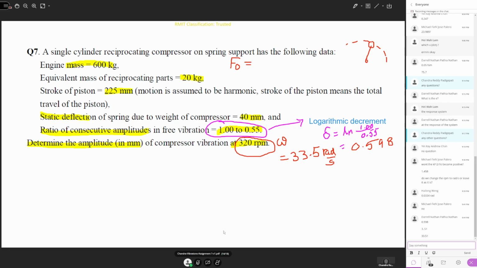For a rotating mass, the acceleration gives M R omega square. You must have done this in engineering dynamics. You know omega is 33.5 radians per second, so you can calculate the force acting on the reciprocating mass of the compressor.